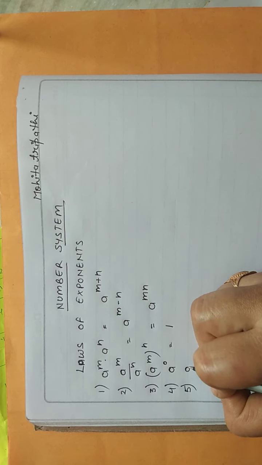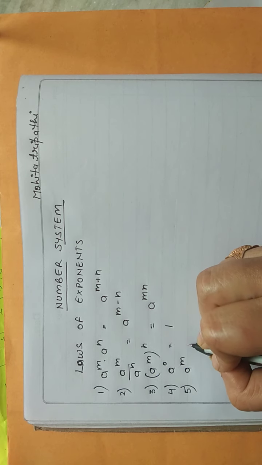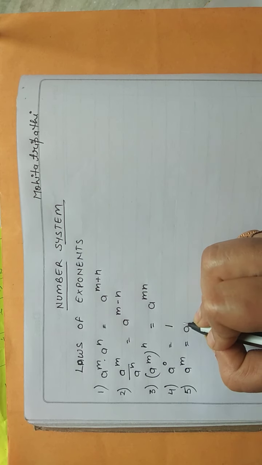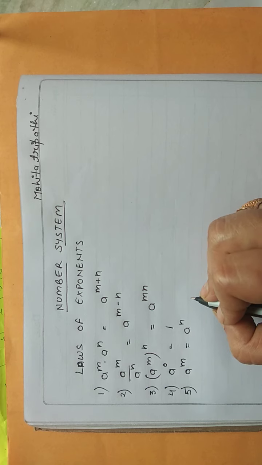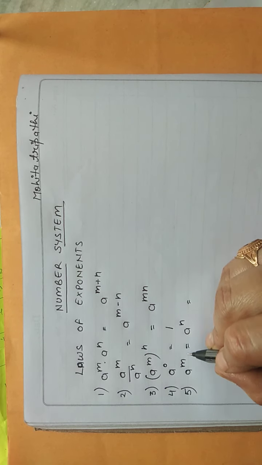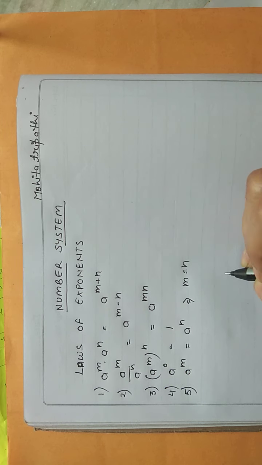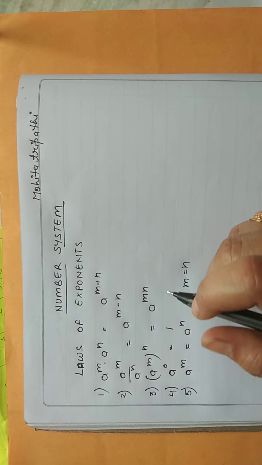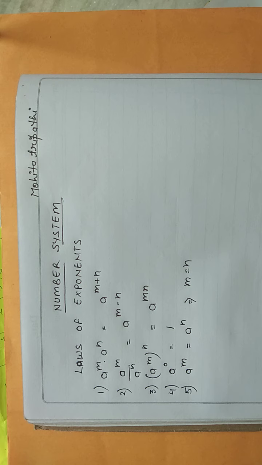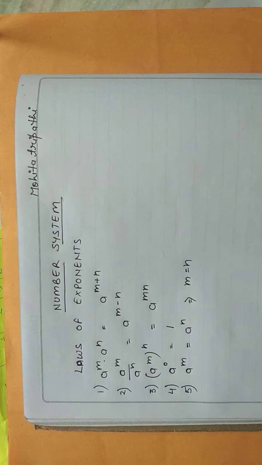If we have a to the power m and it is given to you that it is equal to a to the power n, then when we compare the powers, it results that m and n are equal. Means if bases are equal, then powers are also equal.